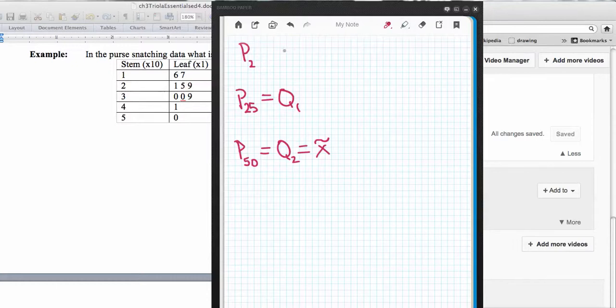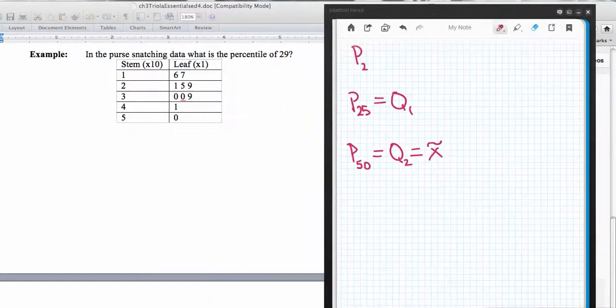So first off, I'm going to find my indicator functions of where I will locate these. I'm going to put these indicator functions in green so you can relate back to what I was doing before. So the indicator function for the second percentile will be 0.02 times the number of data points that I had. So 1, 2, 3, 4, 5, 6, 7, 8, 9, and 10.